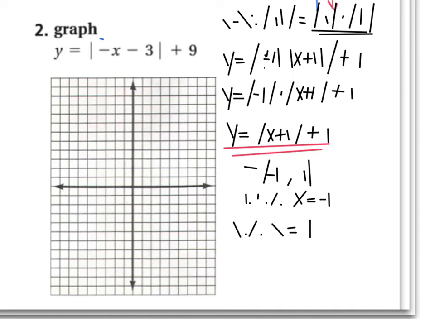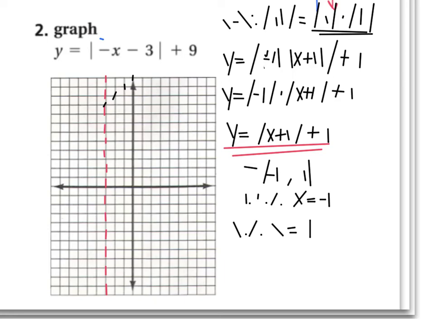So we go ahead and graph. I'm going to graph my axis of symmetry first at x equals -3. Our vertex is at -3, 9. And now the slope of the right side of our graph is 1. So from the vertex, I count up 1, right 1, and I do it a couple more times to give me some more points over there.